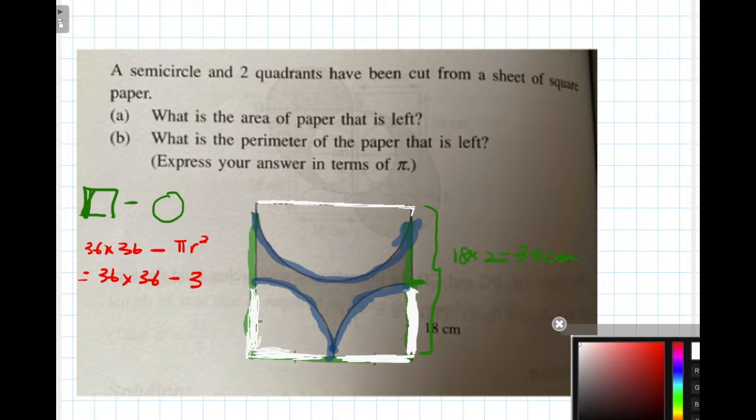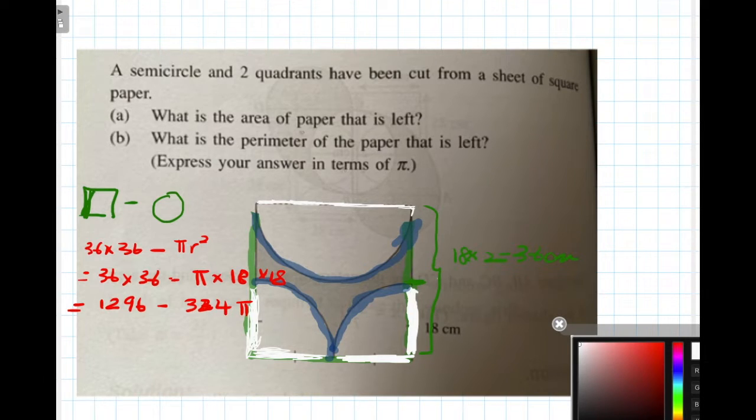You say what is the pi? Or express your answer in terms of pi. Times radius will be 18 times 18. It will give you a value of 1296 minus 324 pi.